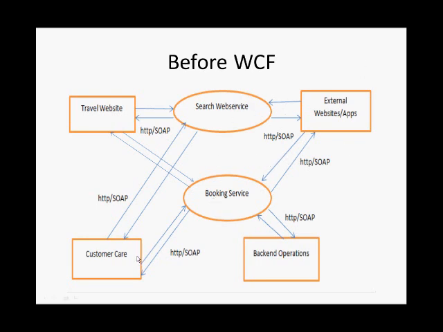Now consider I have a customer care application which is going to be an offline sales application, or an offline complaint mechanism, or offline cancellation. Everything comes through customer care. So the people who are not that used to web or do not believe much in using web can call up the customer care, and the customer care person will again call the search web service using the HTTP SOAP protocol, find the correct reservation, and then use the booking service to do the booking.